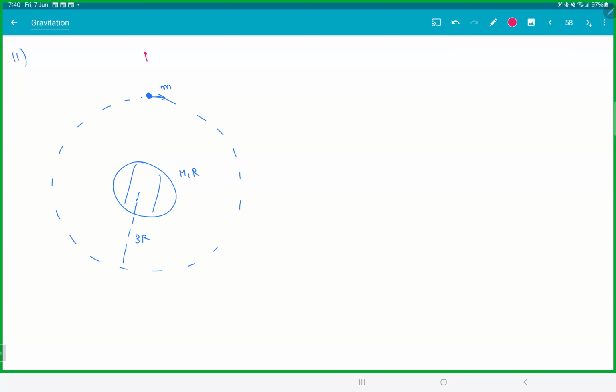Then some debris, going with, let's say, some speed u. Let's say this thing comes with speed u by 2 and hits the satellite and gets stuck. A rock of mass m by 2.